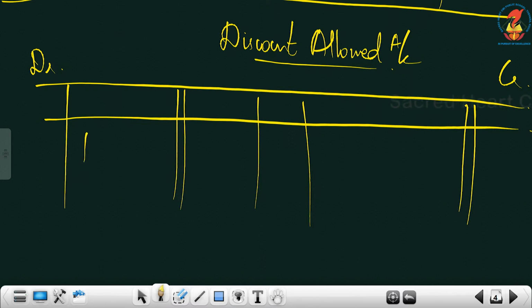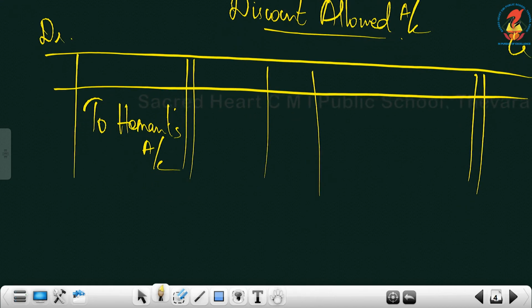So it is to Hemant's account you have to write, and the amount you have to write against discount allowed, that is 500. The date is May 20th, and see whether you have any other entry with discount allowed. We don't have, so this account is over.